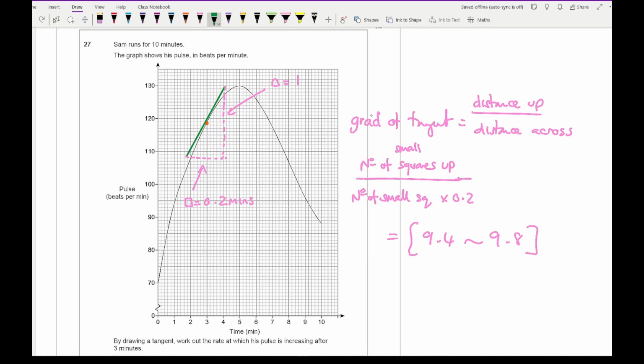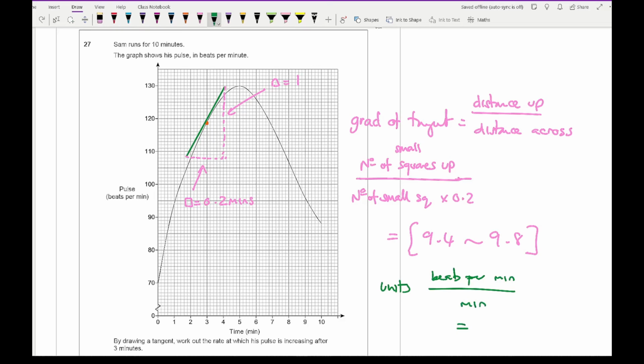Now the units you need to then write, because the units going up are the pulse per minute, is beats per minute. And we're dividing that by time, which is in minutes.